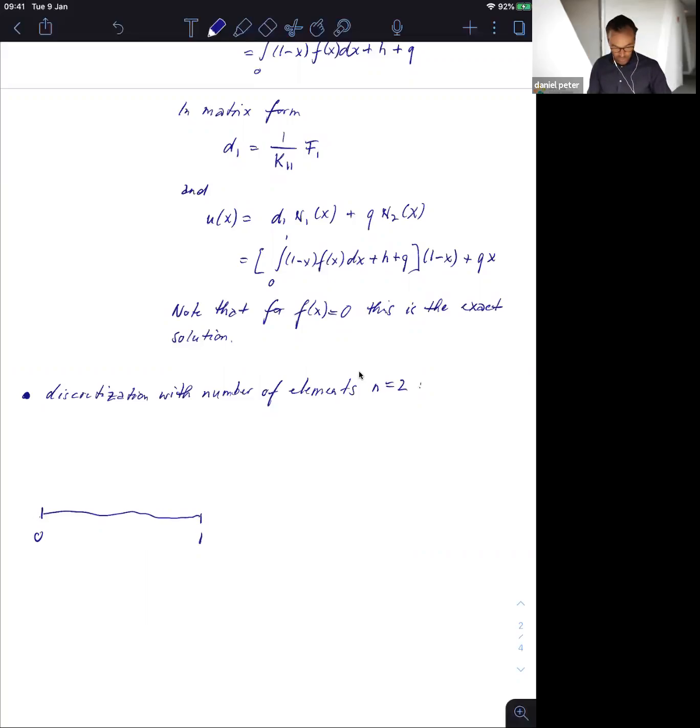So let's choose the first element from 0 to 1/2. This will be element 1. And then element 2 from 1/2 to 1. So you see we have 3 nodal points that will give us 3 shape functions for 2 elements.